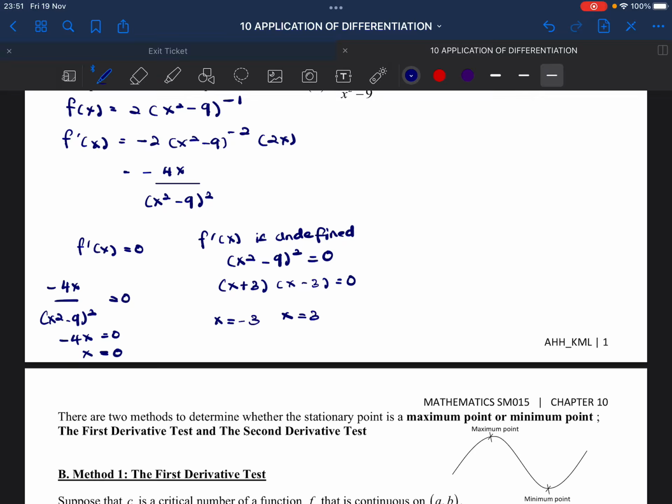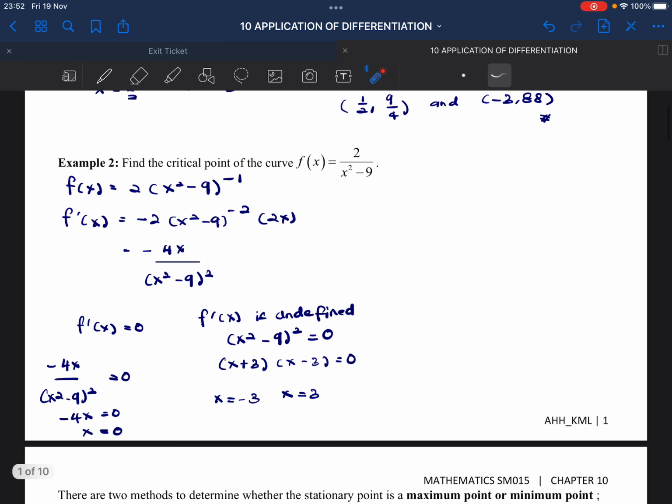Talking about critical numbers, you are going to have 3 critical numbers: 0, 3 and negative 3. Please don't forget, if you have the f(x) over g(x) case, don't forget your f prime x undefined. So our critical numbers are x equals 0, x equals 3, and x equals negative 3.